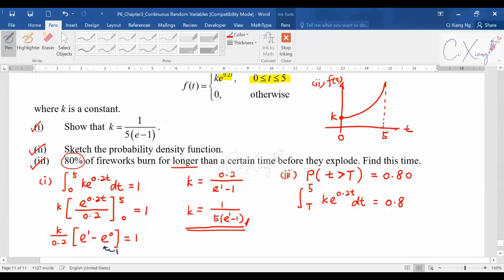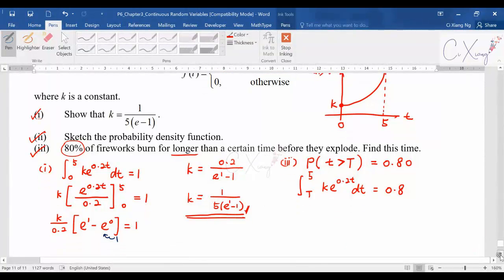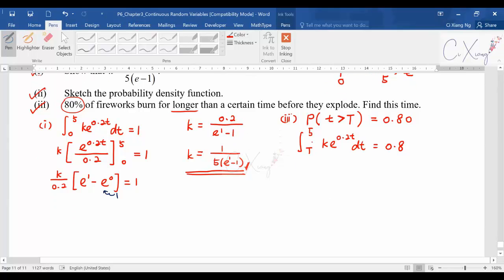For me, I just write it as k first because this is very complicated; at the last step only I substitute it. K is a constant, I just copy. How to integrate e^0.2t? Copy the whole function, e^0.2t divided by the differentiation of the power, 0.2. And you substitute 5 and t equals 0.8.